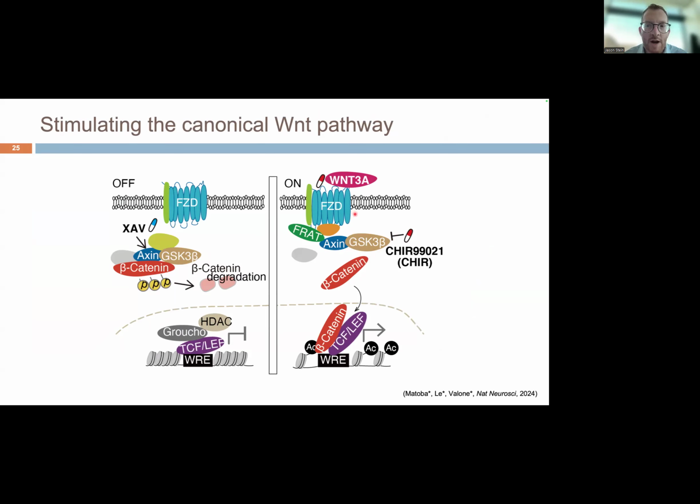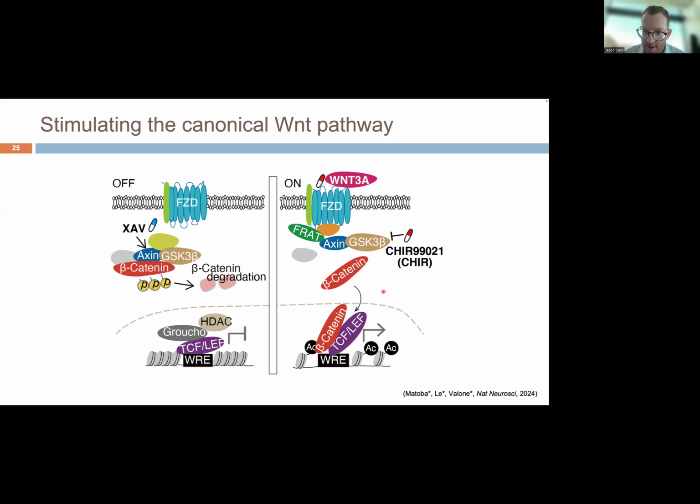So a quick primer on the Wnt pathway. The canonical Wnt pathway has been very well studied and its signaling cascade is very well known. In the absence of Wnt, at TCF/LEF binding sites, Groucho is bound and the chromatin is closed. But in the presence of Wnt, beta-catenin can migrate into the nucleus, leading to the acetylation of these TCF/LEF binding sites and to opening of chromatin at TCF/LEF binding sites.